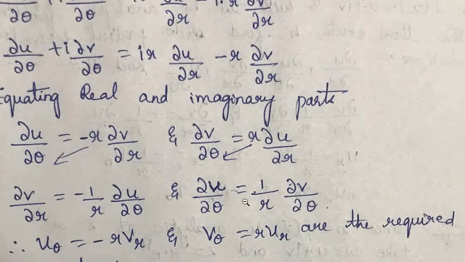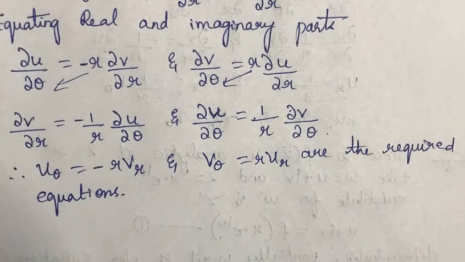Dou v by dou theta. This can also be written as u theta is equal to minus r into vr. See, here it is there, no? You can remember like this, u theta equal to minus r. If we go to the side, it is rvr, and v theta is equal to ru, are the required equation.